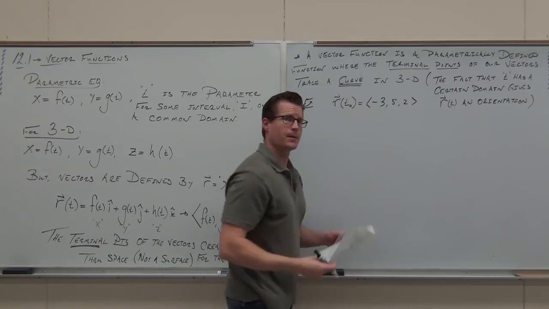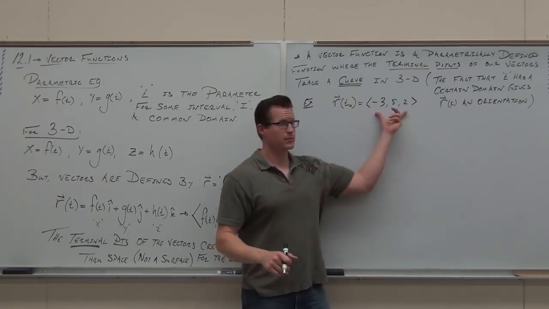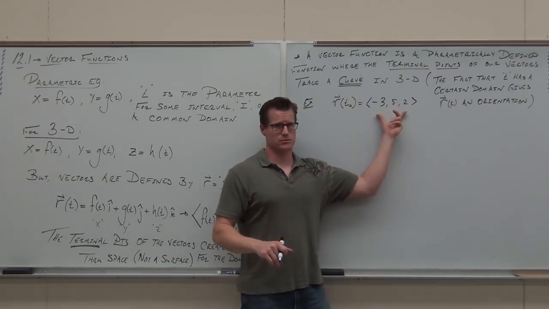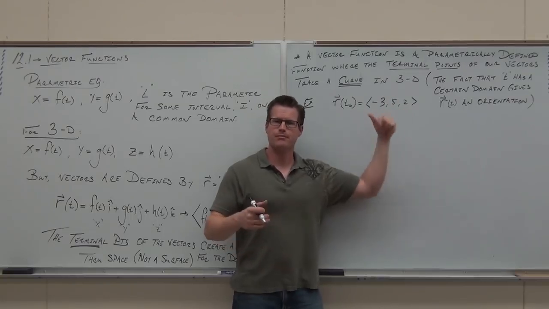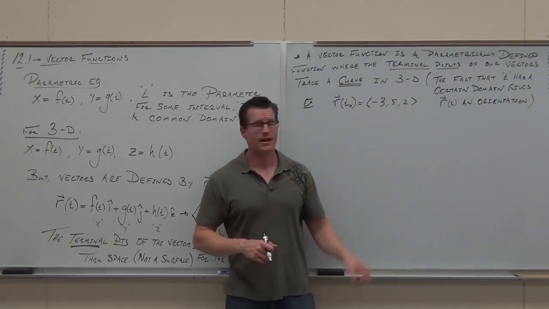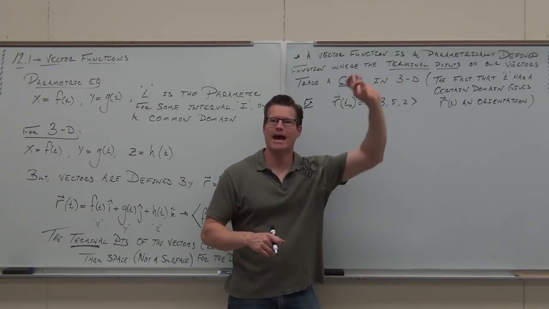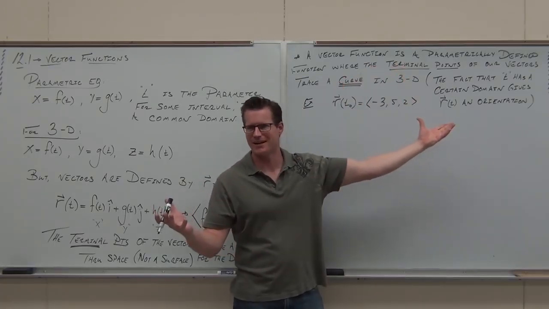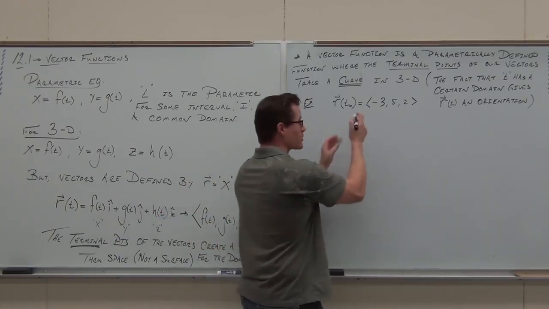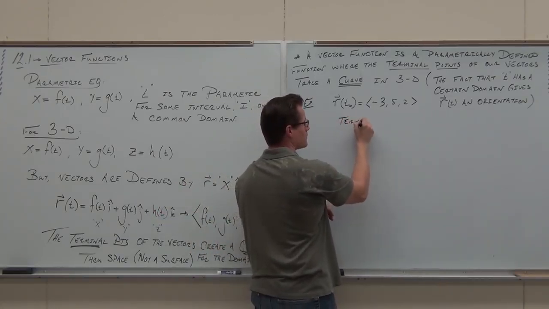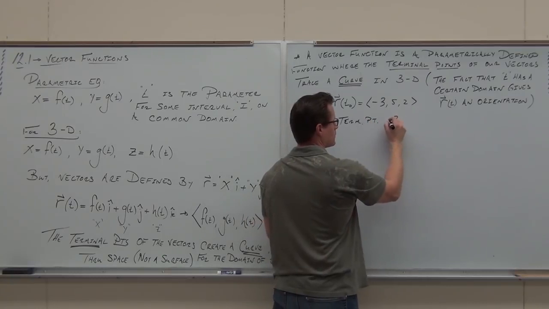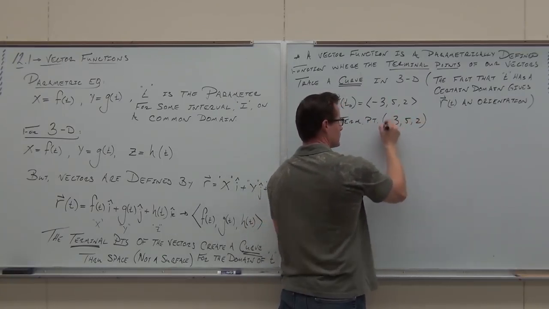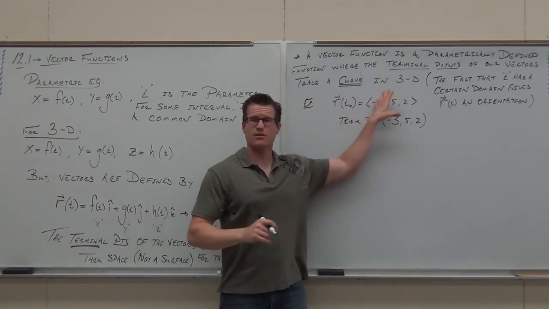Okay, stick with me here. Point, vector. Which one? Both. It's a vector, yes, but it has that terminal point. What's the terminal point of this vector? What point is it terminated at? Negative 3, 5, 2. So the terminal point of our vector is negative 3, 5, 2.